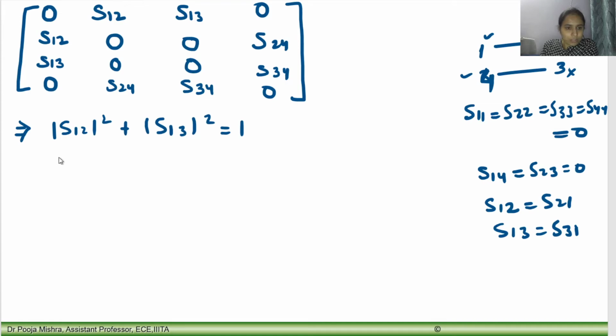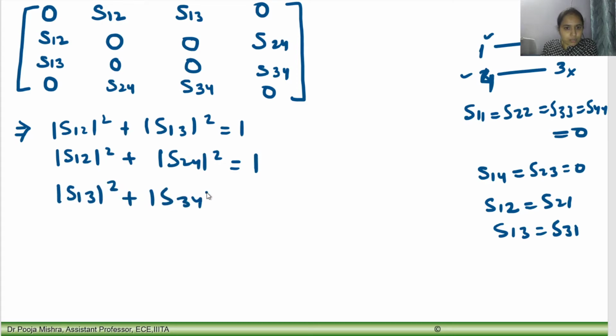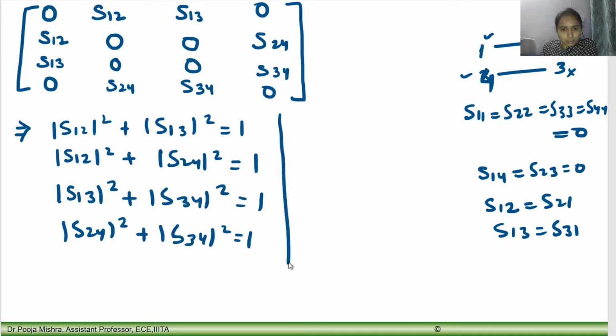On each column we have to apply this property: second column, mod S12 square plus mod S24 square is equal to 1, mod S13 square plus mod S34 square is equal to 1, mod S24 square plus mod S34 square is equal to 1.